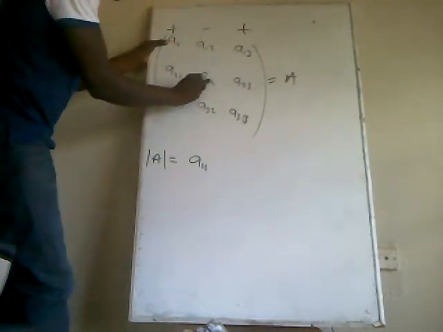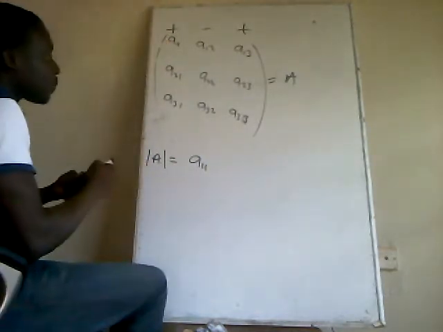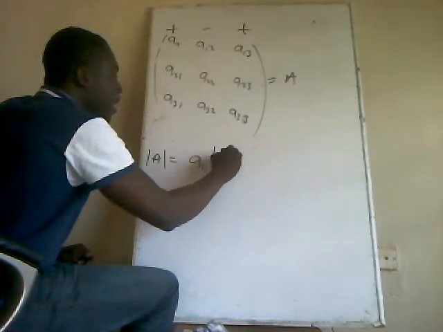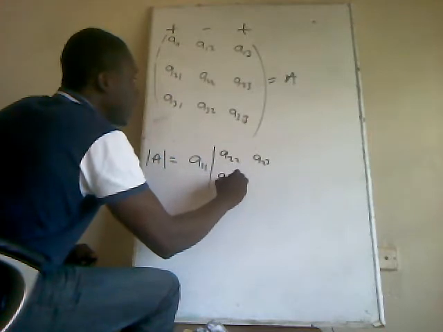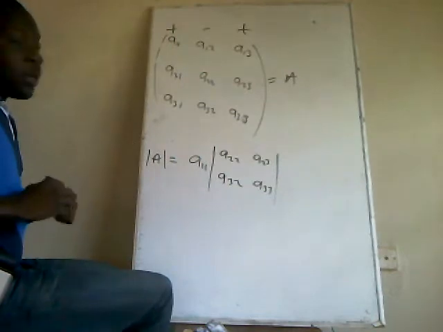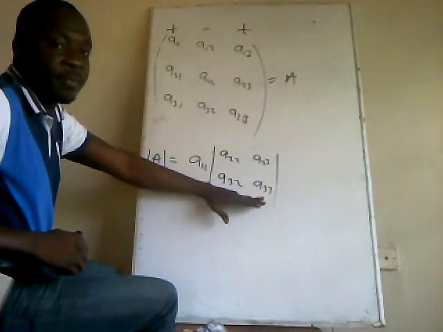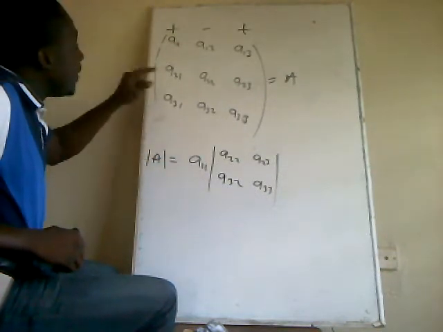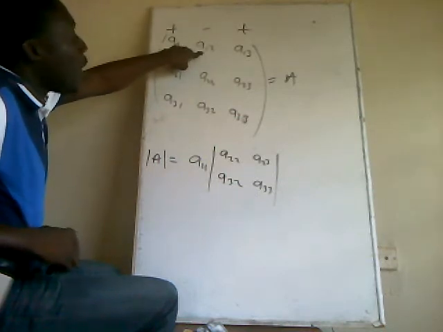So I'll be left with this, and that. Right? So I'll be left with what? A22, A23, A32, and A33. So the matrix that I'm left with, I find the determinant of the matrix. I multiply by A11.